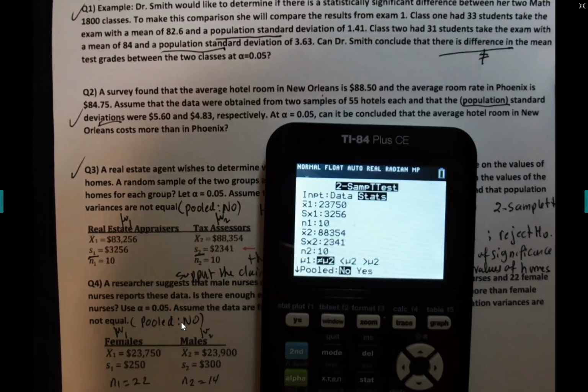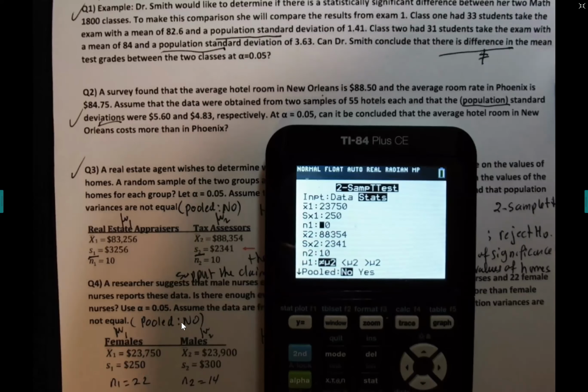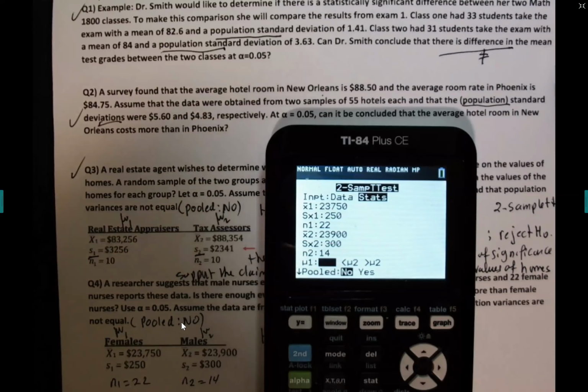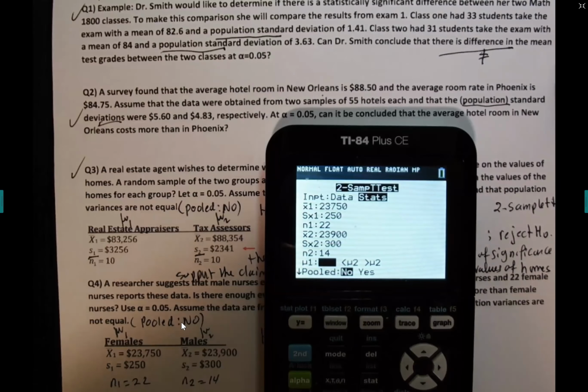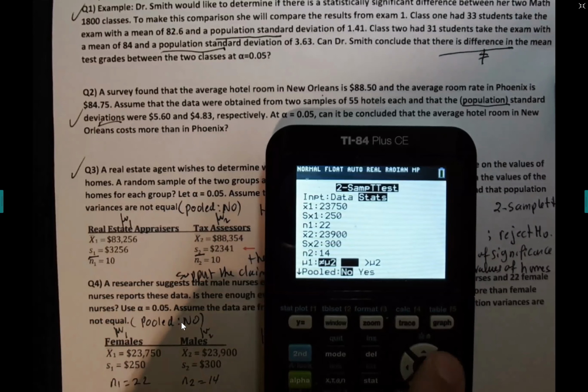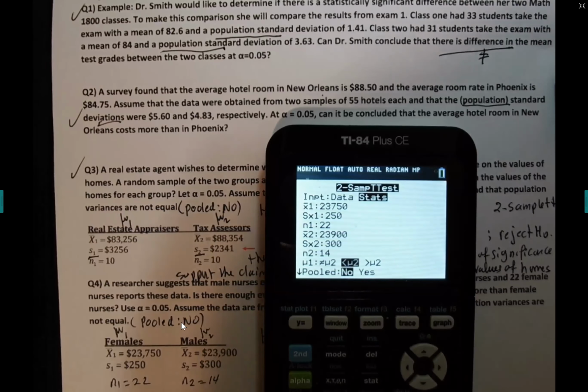Remember, and then S1 is 250. N1, I have 22 females. X2 bar is 23,900. S2 is 300. N2 is 14. And we're making sure that females, we're testing if females make less than males, which is the same thing as males making more. And we decided that pooled is no.